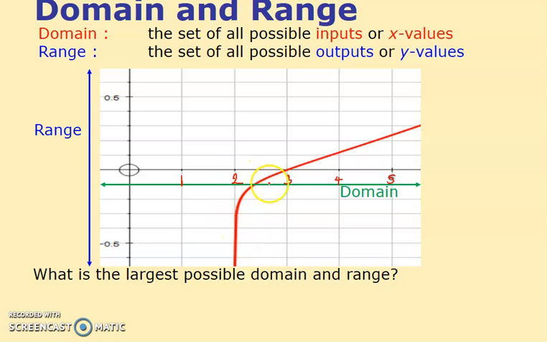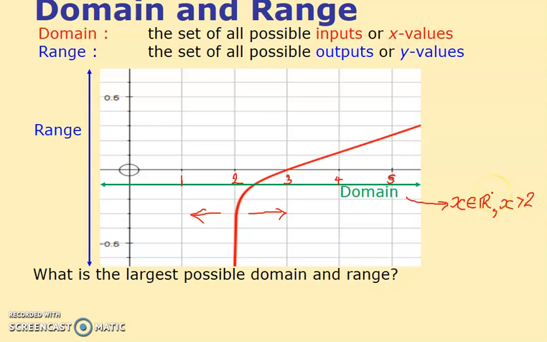There's no numbers on that side. All the numbers are on this side. So immediately I'm thinking the largest possible domain of this is effectively all the numbers bigger than 2. If this is a log graph, and it probably is, the domain is x such that x belongs to the real numbers and x is greater than 2.